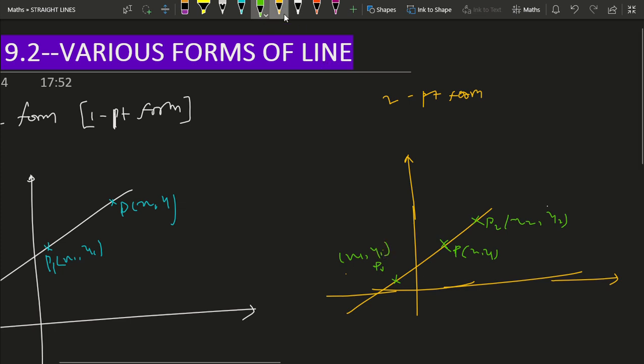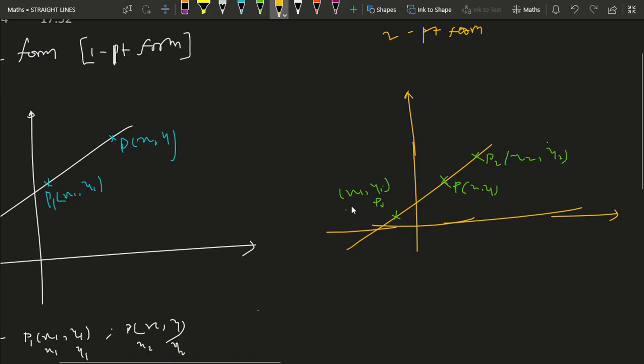So what can I do here? I can take the slope of P1, x1 comma y1, and P, x comma y.